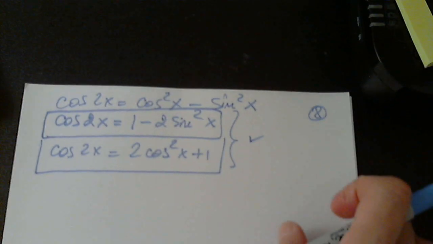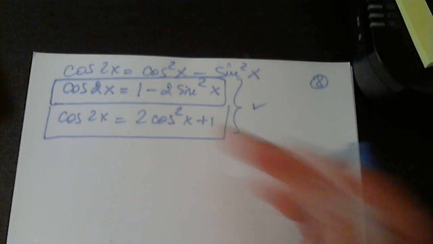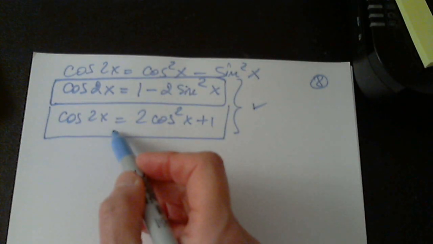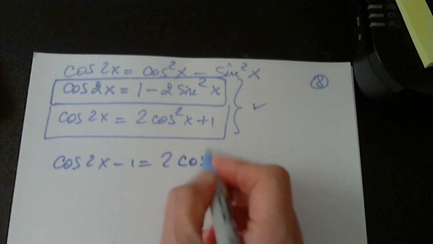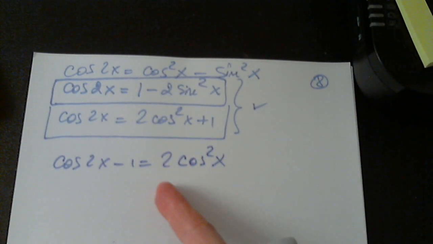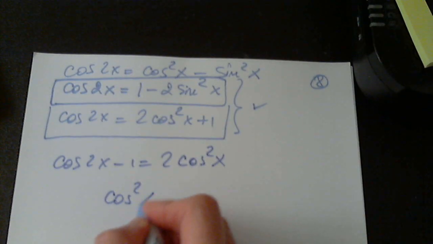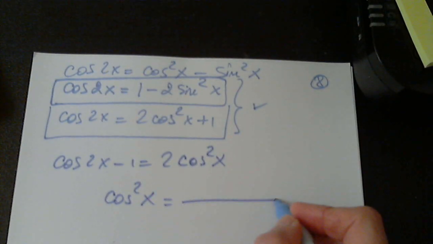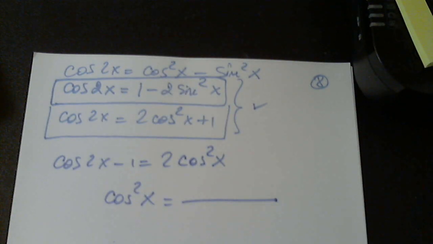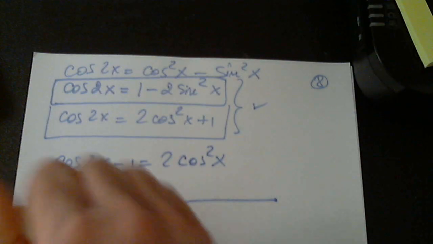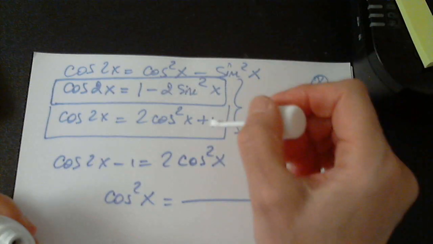So let's start with this one, because this is what we're talking about right now. I subtract 1: cosine 2x minus 1 equals 2 cosine squared x, and now I divide both sides by 2. So cosine squared x equals, because I wrote plus, that's why.